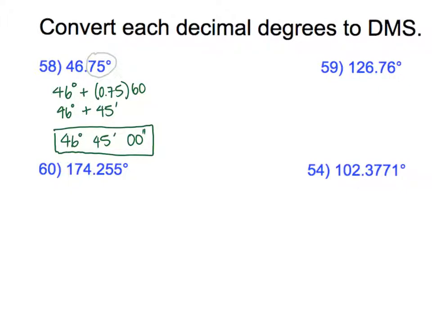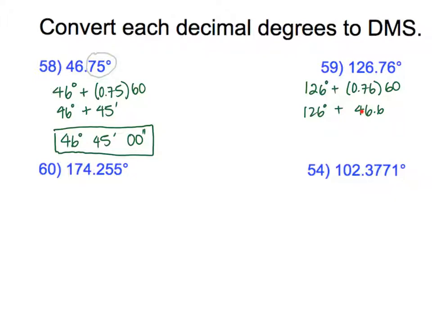Okay, and now let's do 59. Again, we need to bring down our degree, our whole number: 126 degrees plus. Now we take whatever decimal is left over and multiply that by 60, and that is going to be 46.6. The 46 is the whole number, so this part is our minutes.